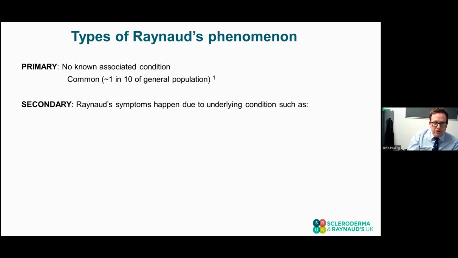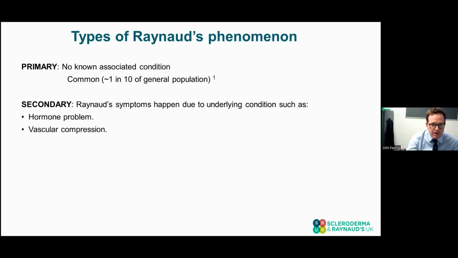And then there are the other underlying conditions that can lead to Raynaud's symptoms. This can be hormone problems like thyroid disorders. It can be vascular compression, so having a cervical rib, an extra rib that's pressing on the blood vessels supplying the blood to the hands.